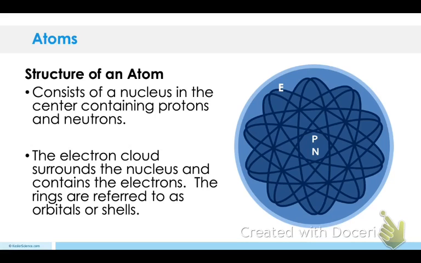So just like the activity we did earlier this week, the nucleus contains the protons and the neutrons. The electron cloud surrounds the nucleus and it contains the electrons. The rings are referred to as orbitals or shells. Go ahead and pause it here to finish writing this down.